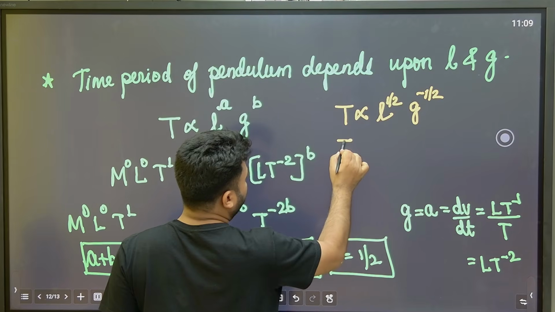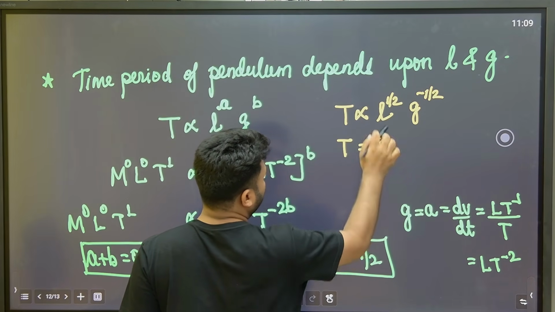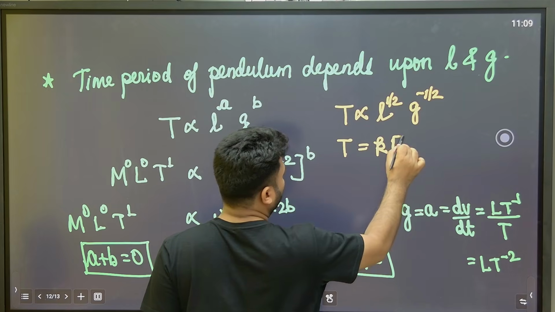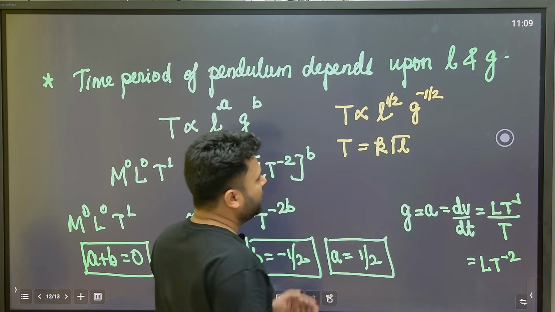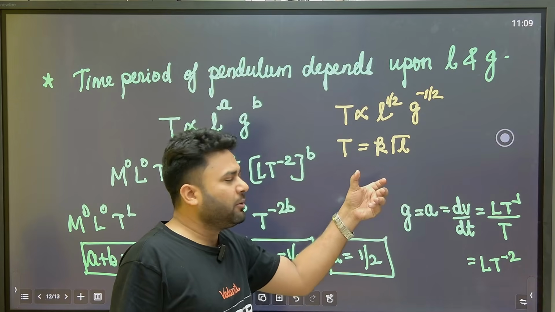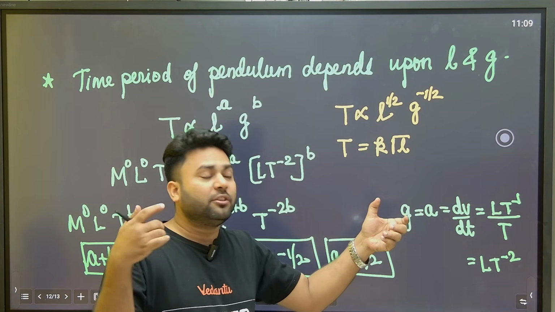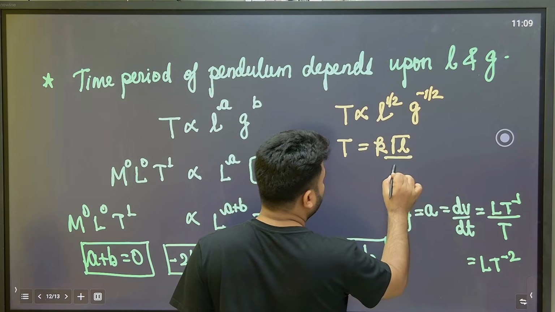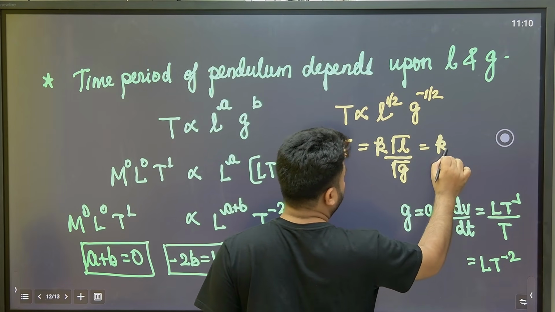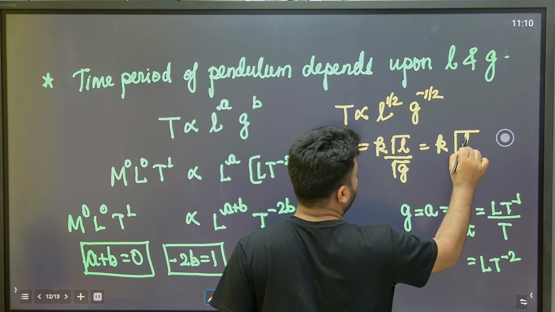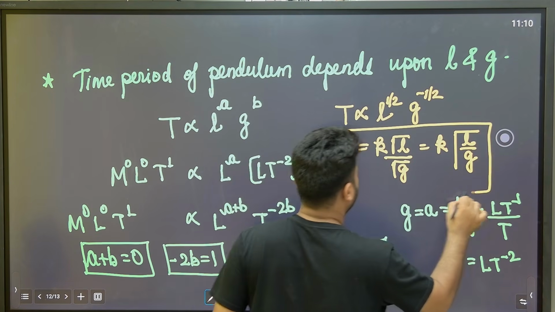It means time period is equal to some constant, L to the power 1 by 2 means root L, and G to the power minus 1 by 2, G will go down, so power will become 1 by 2. G to the power 1 by 2 means what? Root G. So finally we can write K under root L by G. This is the time period of a simple pendulum.